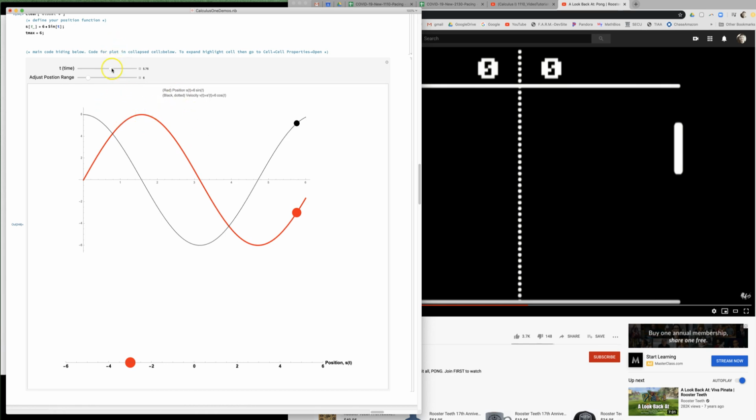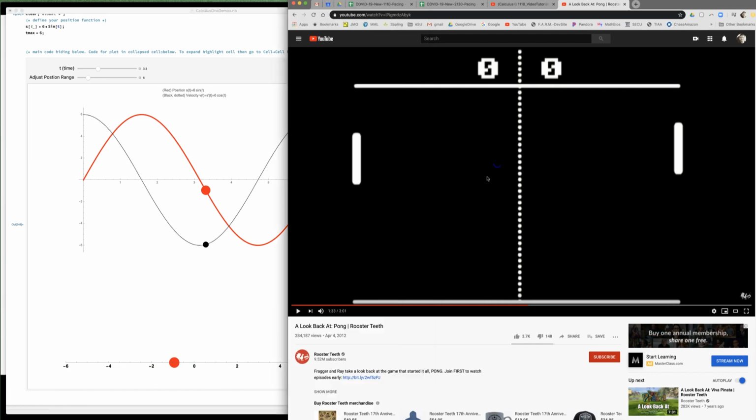Here the function, which is in red, is controlling the position of the red dot, and the derivative of the function, rather than being the slope of the tangent line, is giving the velocity of the object, and positive velocities indicate that the object is moving to the right. Negative velocities mean that the object is traveling backward to the left. So this is rectilinear motion. We can see an object, the red dot, being able to move in only one plane of motion, so to speak, left or right, just as the Pong paddles were moving only up and down.